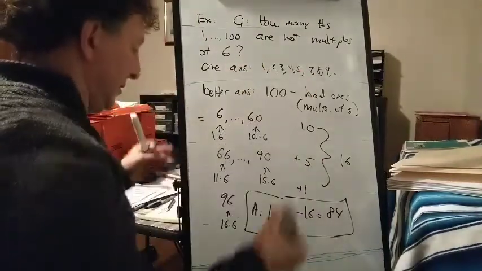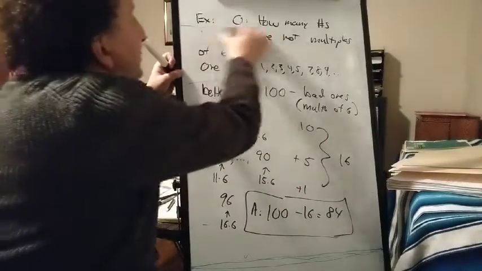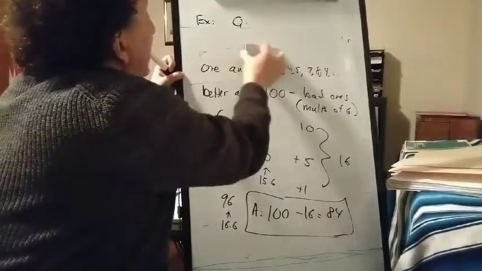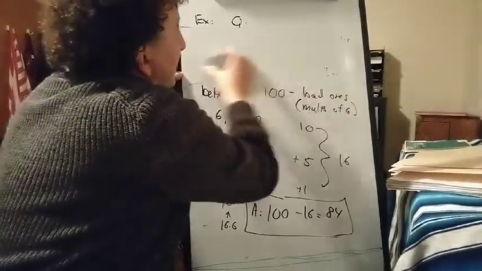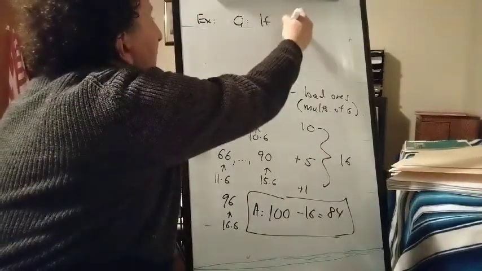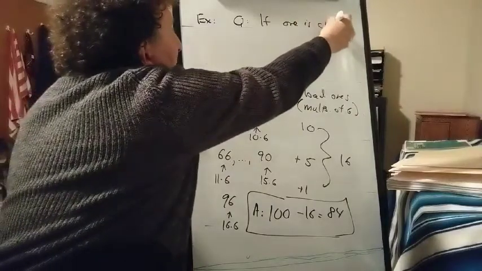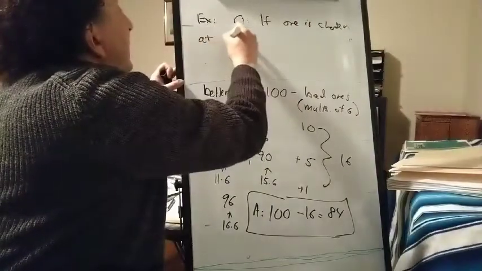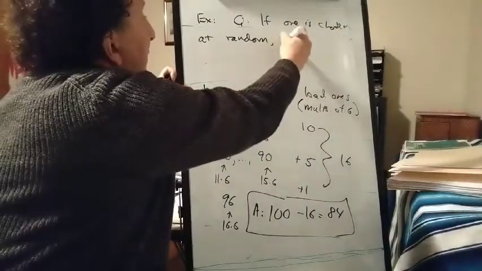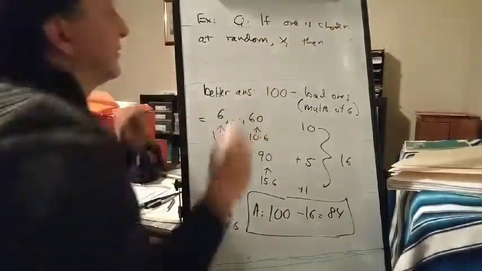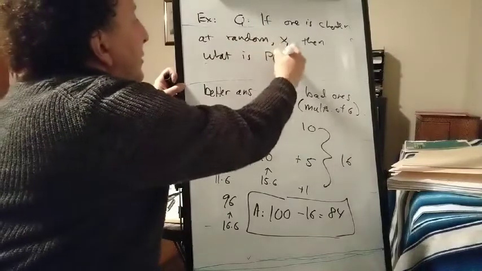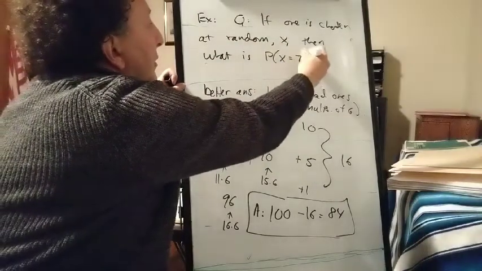And then if one of these is chosen at random, say X is the one chosen at random, then what is the probability that X equals 71?